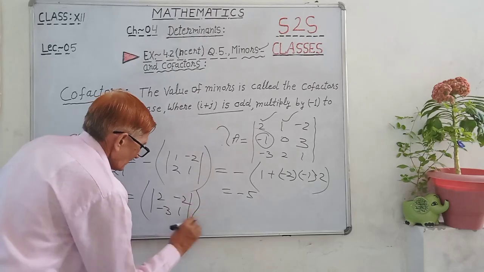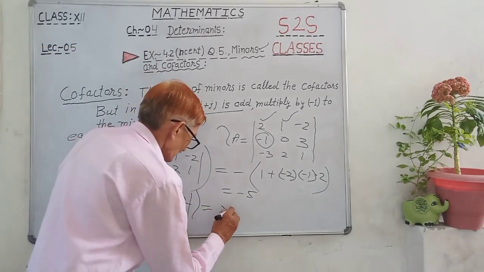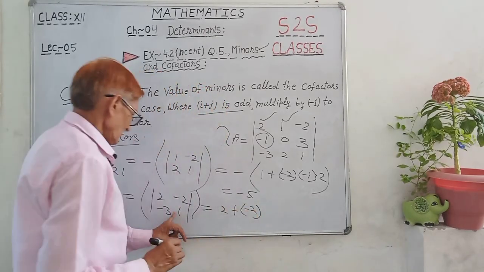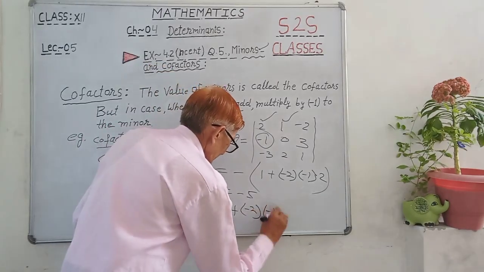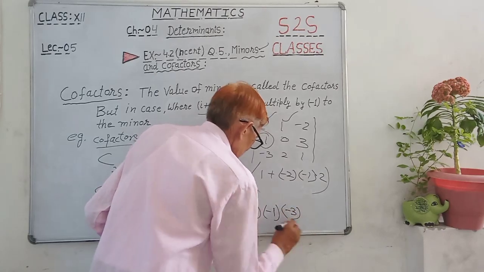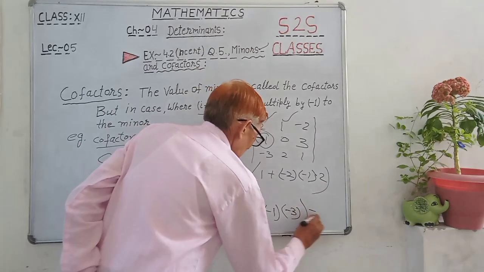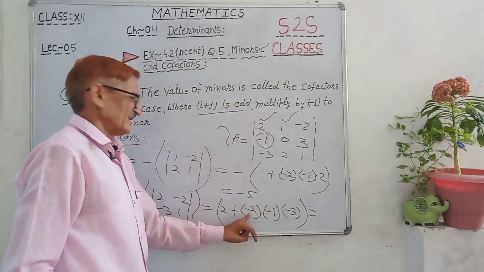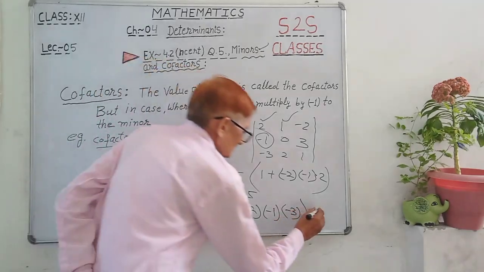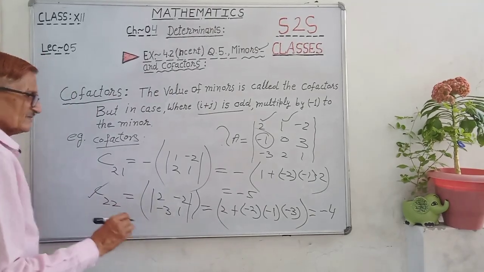Okay, then expand it along the first row, so 2 into 1 2 plus minus 2 into minus 1 into minus 3. This full, it is 2 2, no need to multiply by minus. Then 3 minus 1 minus 2, 3 minus, then minus 2 1 ja 2, 3 ja 6, minus 6, 2 minus 6 is minus 4. Okay, so C22 is minus 4.